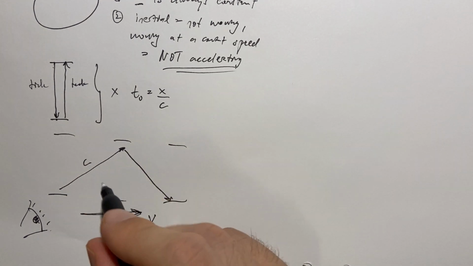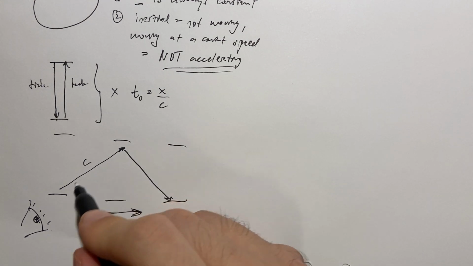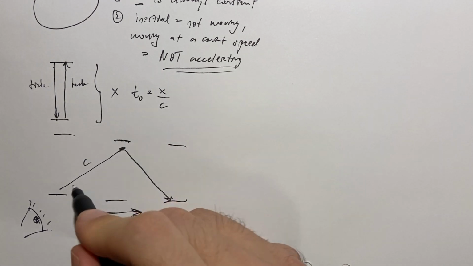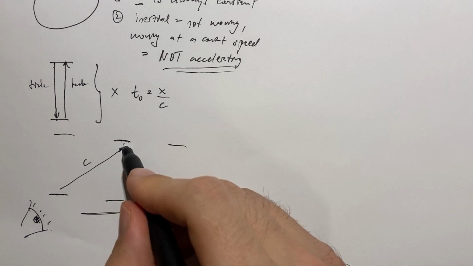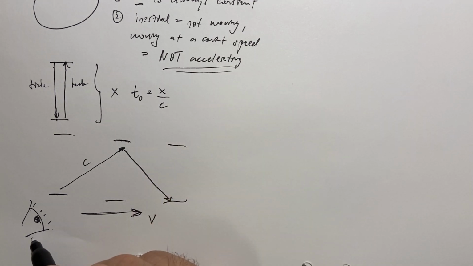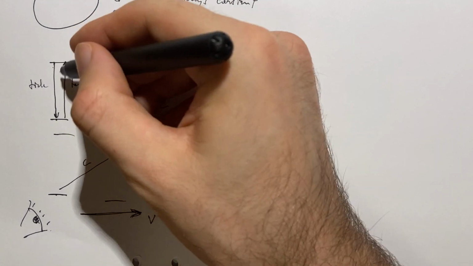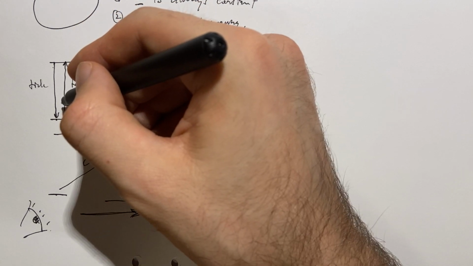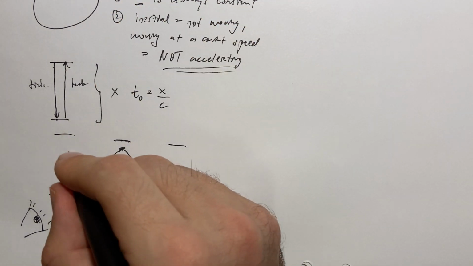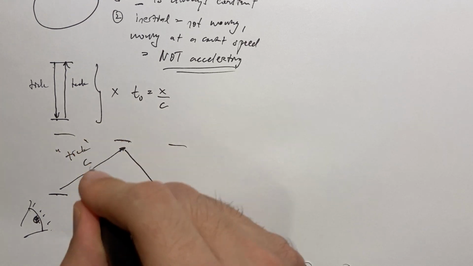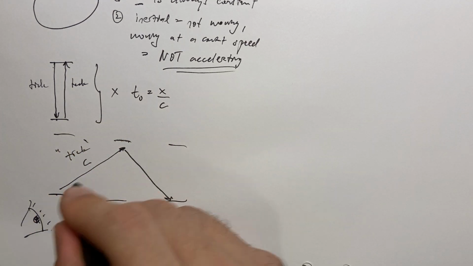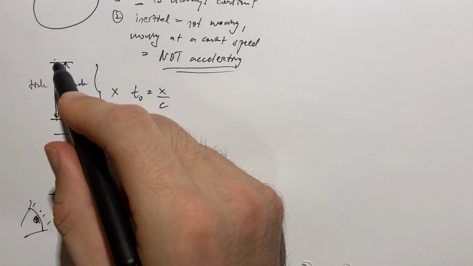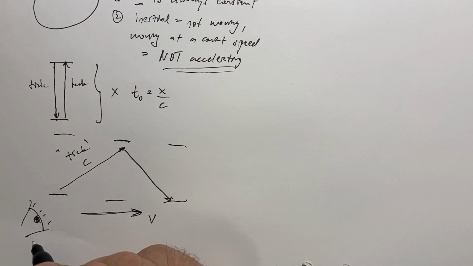The speed of light is the same, c is the same, but the distance that is traveled by the light, according to this observer, will be greater than this distance, right? Which means that the tick of this clock will take longer than the tick of the clock that is just beside this observer at the side of the road.